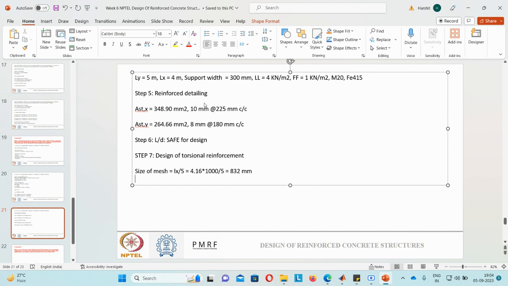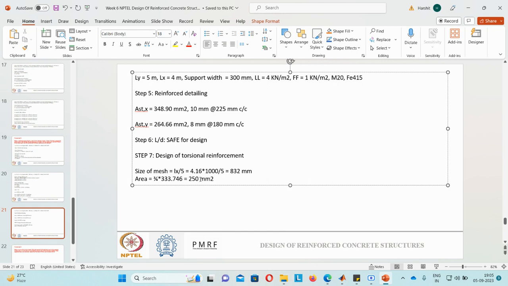And the area is 3 by 4 times what we have provided along the main direction. So 3/4 of 333.746. We calculate this area based on the rebar and the spacing that you have provided. This value will come out to be roughly 250 mm square.